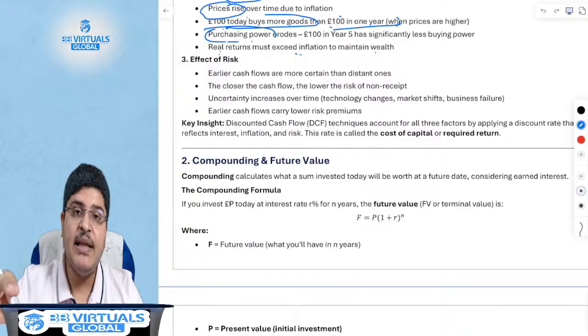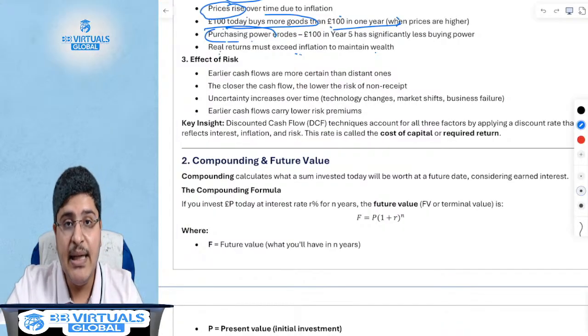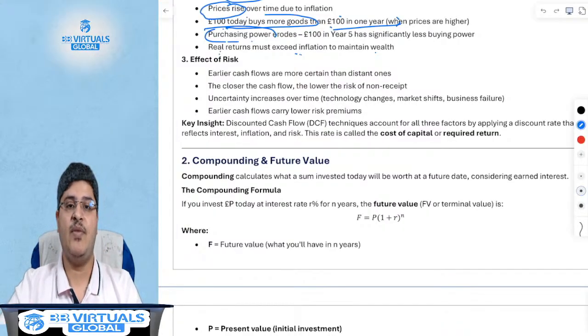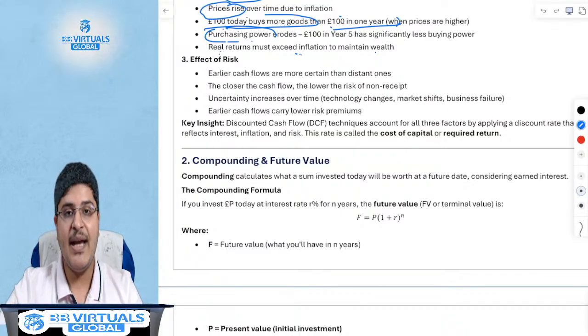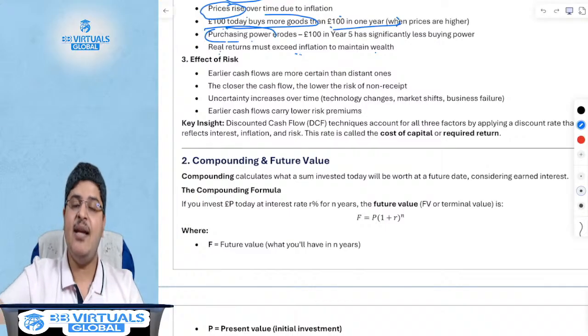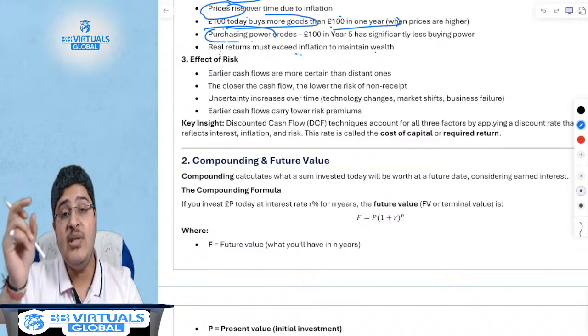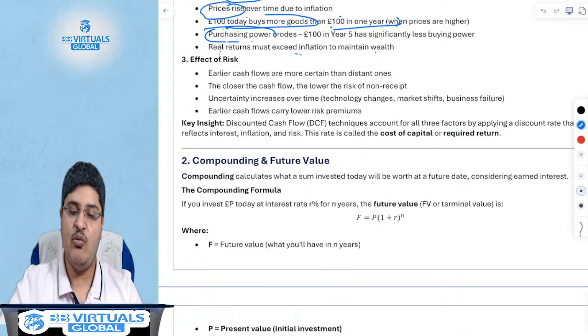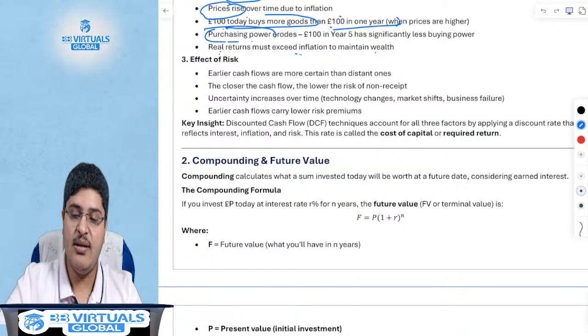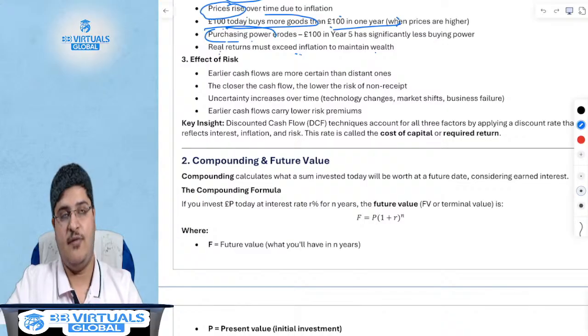This 12% is nothing but the interest that you will be earning. If you invest 1 lakh rupees today and receive a particular amount 5 years hence, and you discount it back to today using the 12%, which gives you back the 1 lakh, that is called a discount rate, which is also the cost of capital.